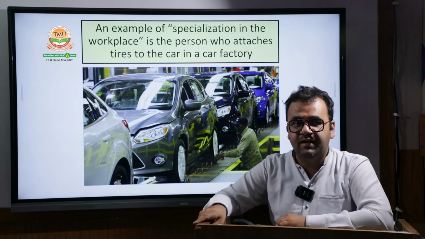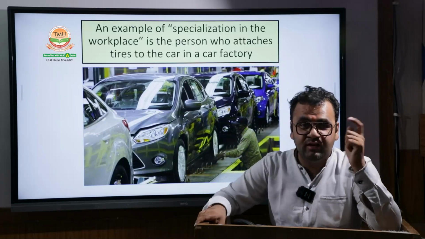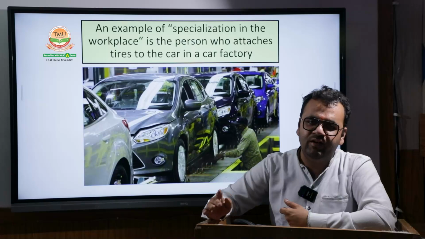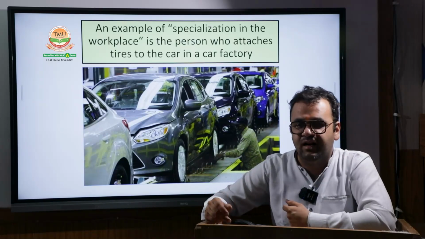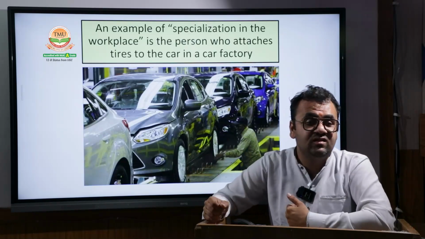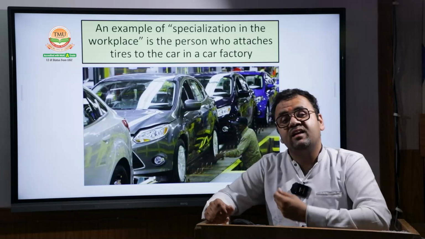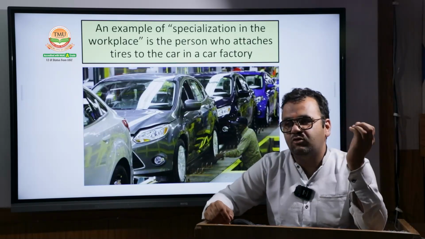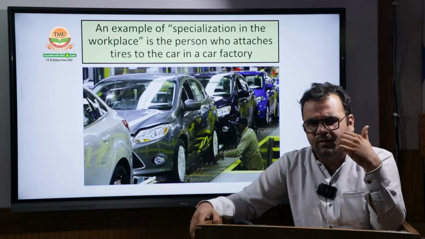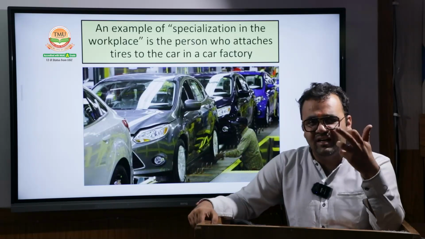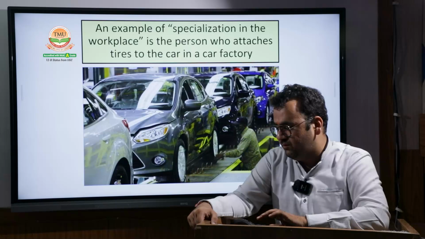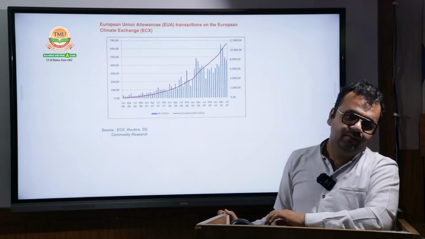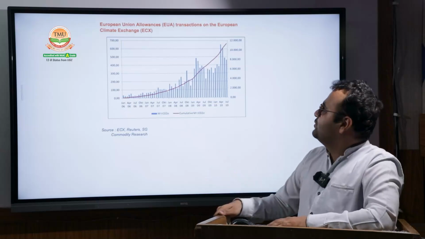But his boss has also said that if you install tires on more than 15 cars, then per car you will get some reward. Now he is engaged, thinking okay, I will get reward. Then the first day he did 20, then 25, then 18, then 19, then 21. He installed the tires differently day by day, but he is achieving the target which has been given by his boss.